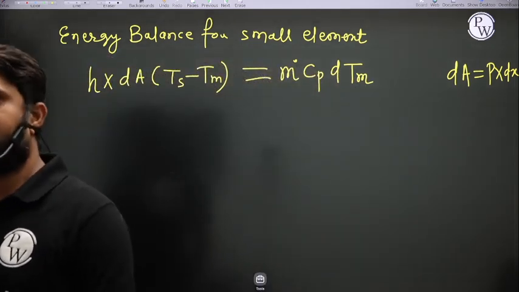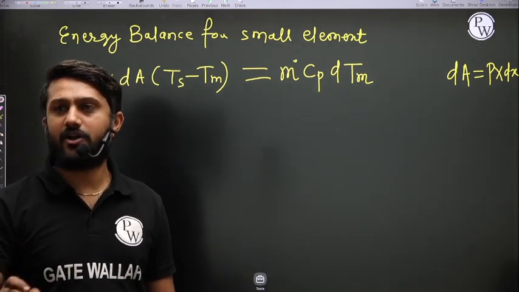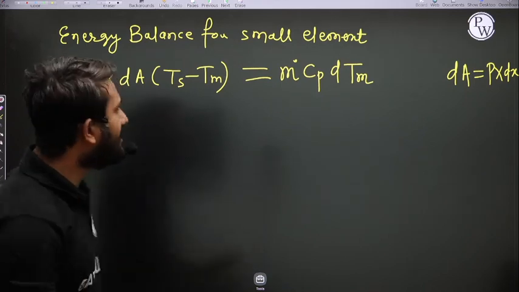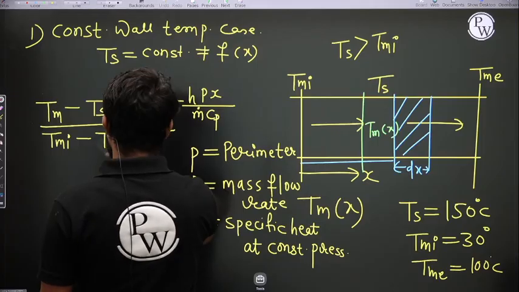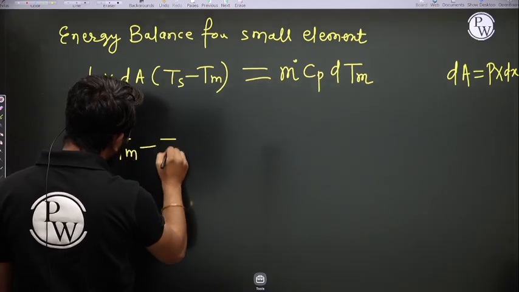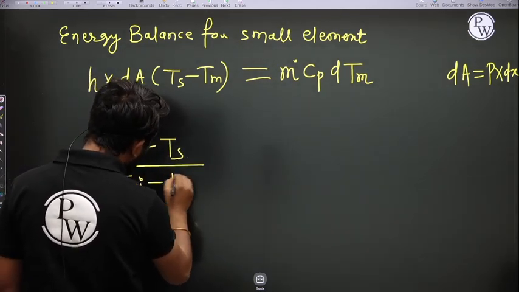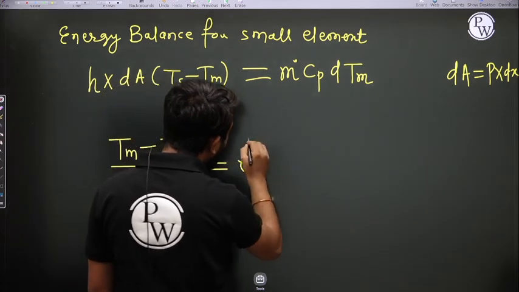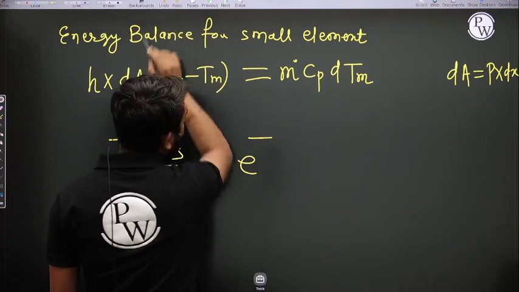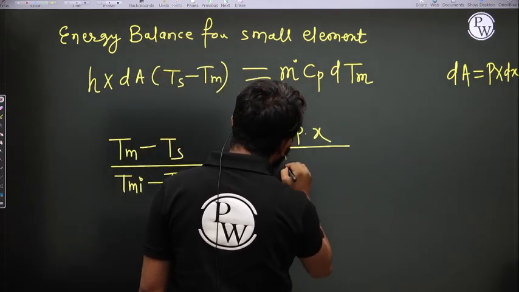Is it clear? If you solve this energy balance, you get (Tm minus Ts) upon (Tmi minus Ts) is equal to e to the power minus hPx divided by m dot Cp.